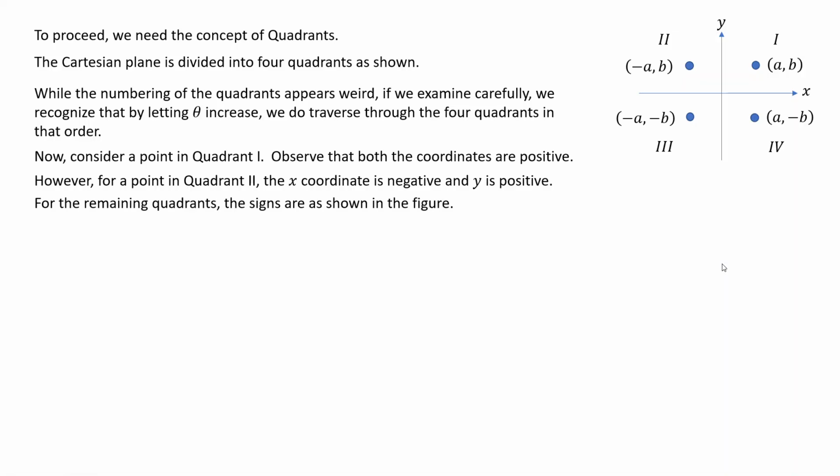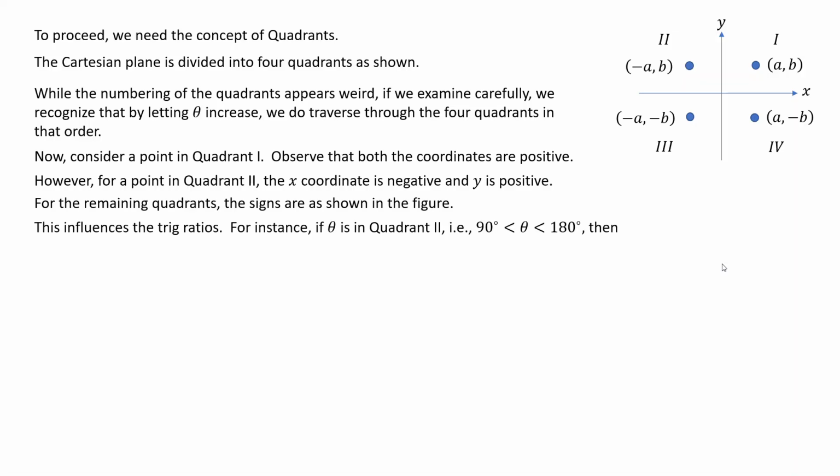Okay, what's the big deal about this? The big deal is that this influences our trig ratios. For instance, if theta is in quadrant 2, that is, theta is between 90 and 180 degrees, then sine theta is y over r, y is b, r is square root of a square plus b square.